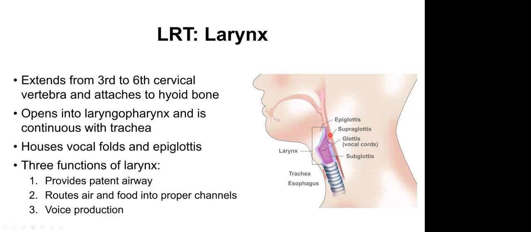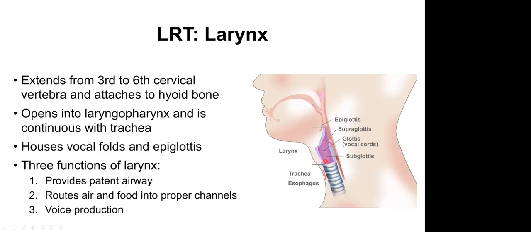The larynx itself is also continuous with the trachea. Inside the larynx, you'll find the vocal folds, and also this epiglottis, which we already talked about, the flap that covers the laryngopharynx whenever you are swallowing, so that food travels down the esophagus and not down the trachea.